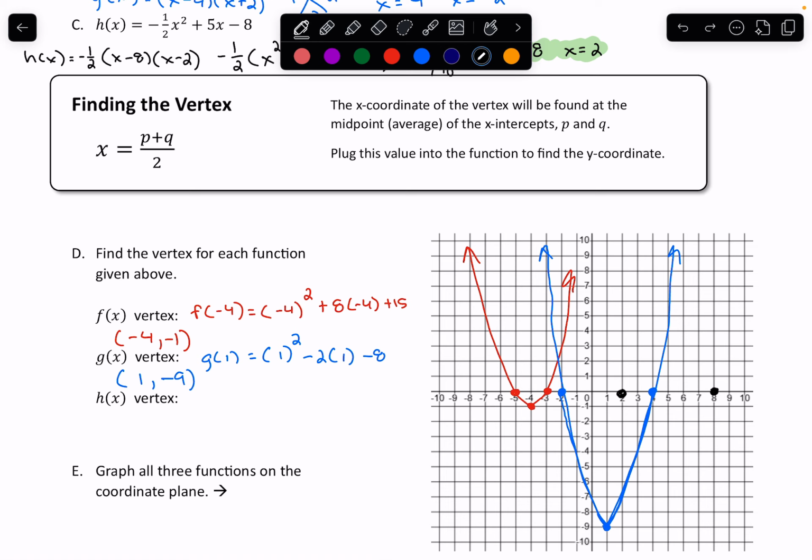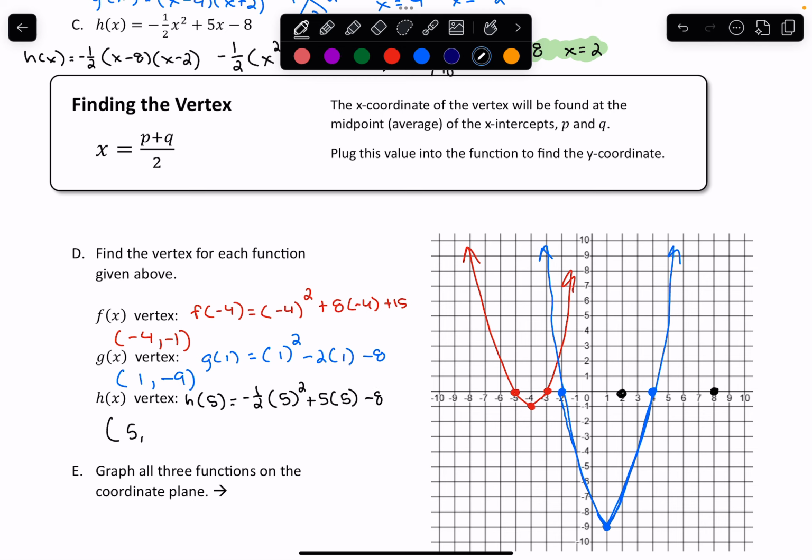That's what I want to plug in to my H function. I want H of 5. So when I look at my H function up above, I've got -1/2 parenthesis 5 squared plus 5 parenthesis x, which is becoming 5 minus 8.